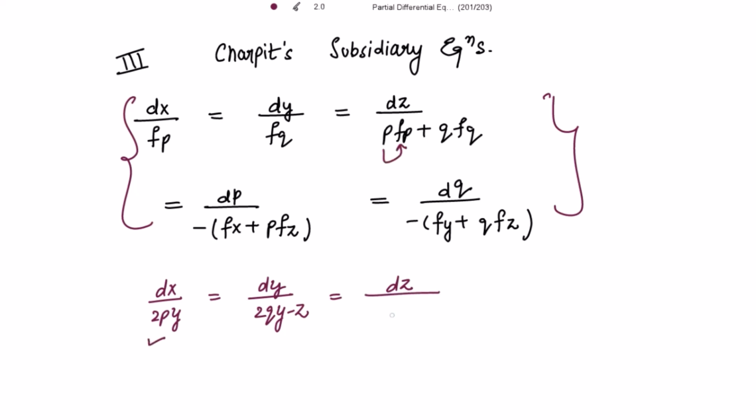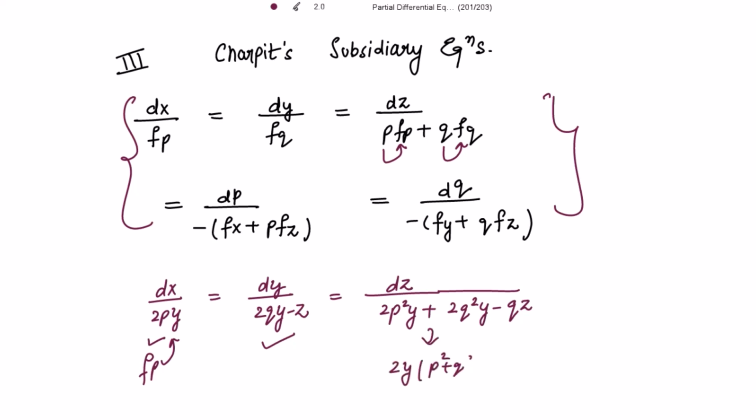So multiplying p here, this is your fp, right? So this is 2p square y plus q multiplied with fq. So this is 2q square y minus qz. We can also write this as, if I take 2y outside, p square plus q square in the bracket minus qz.